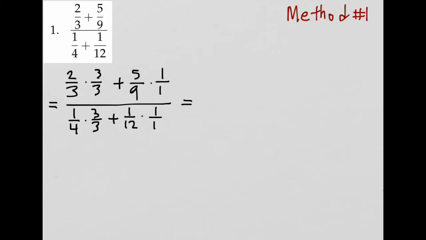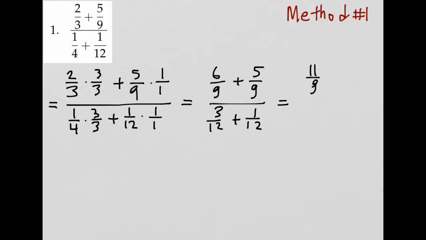That's equal to 6 over 9 plus 5 over 9, over 3 over 12 plus 1 over 12. That's equal to 11 over 9 over 4 over 12. And this concludes the first step of method 1, namely writing the numerator and denominator of our complex fraction as single fractions.